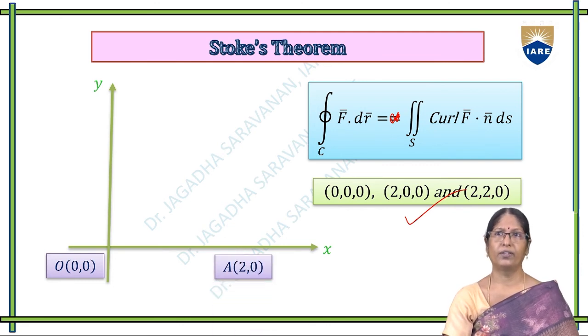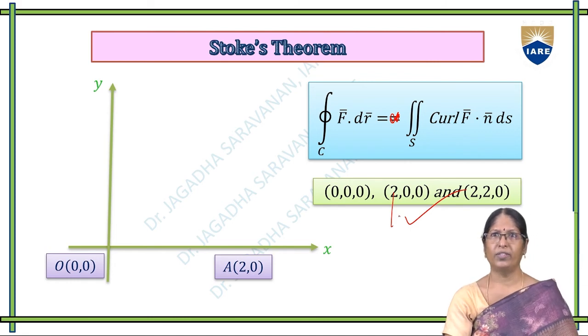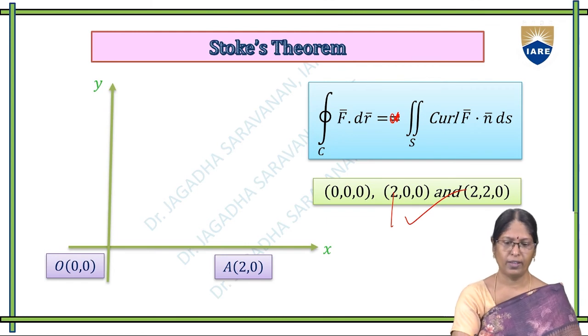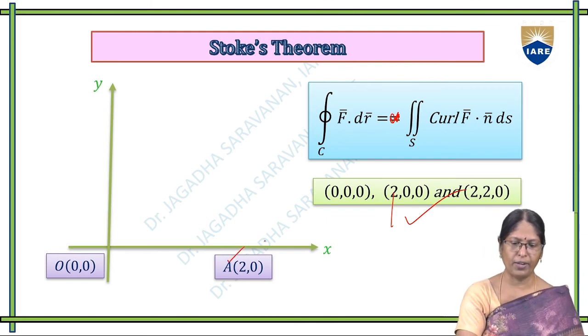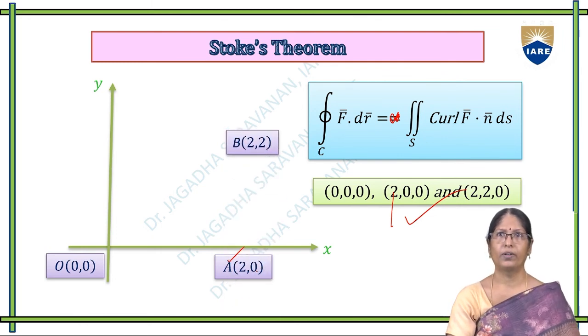This represents x. There is a point on the x-axis at 2, which we named A. The point is (2, 0), and we joined it.